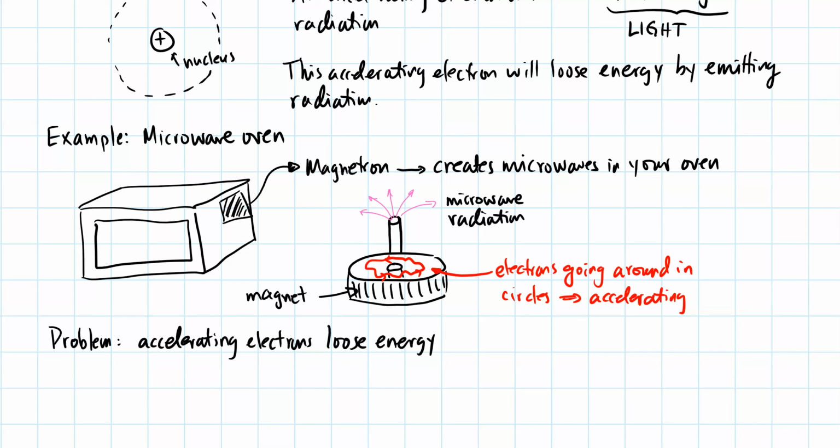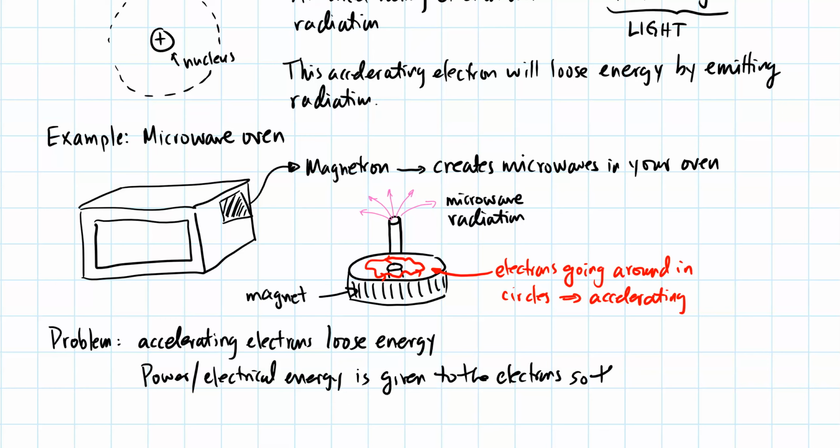So how do you keep electrons from losing energy? What you do here is that power and electrical energy is given to the electrons so they can continue going around in circles.